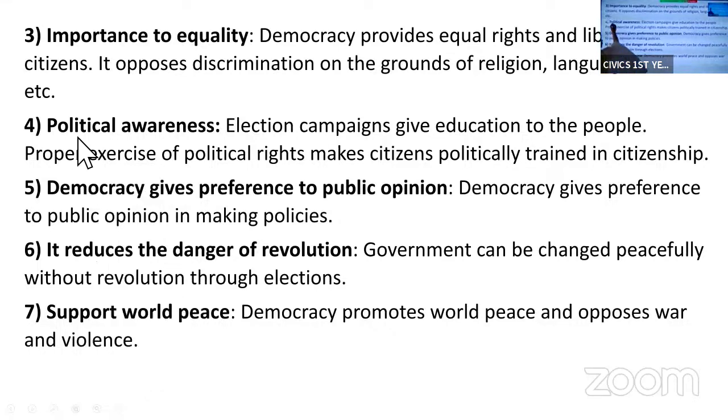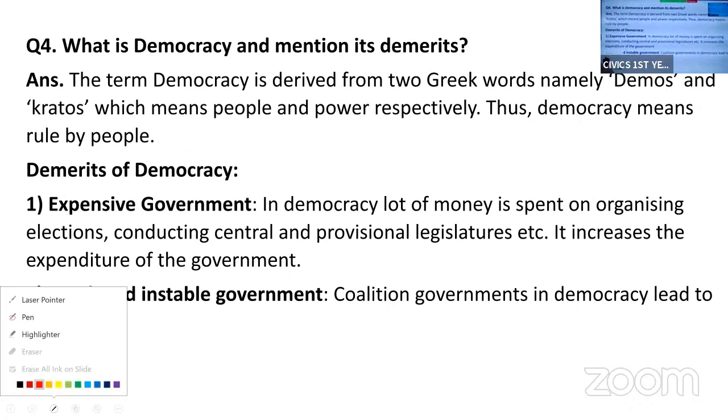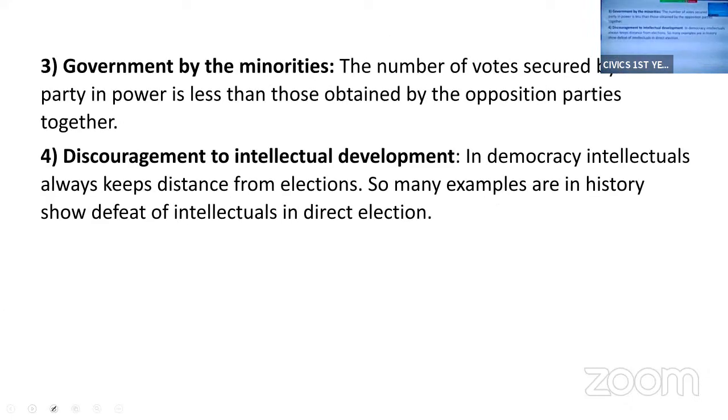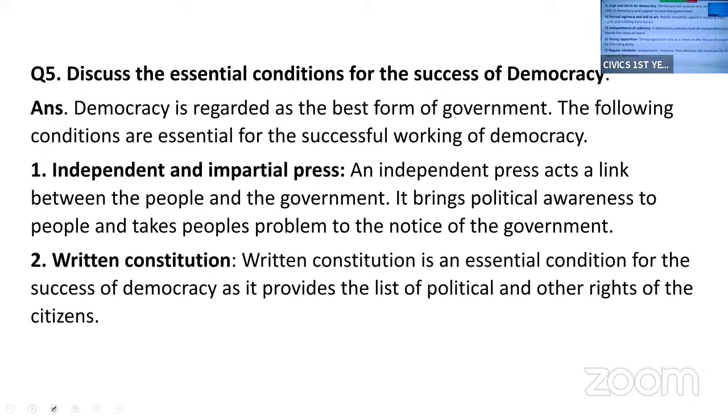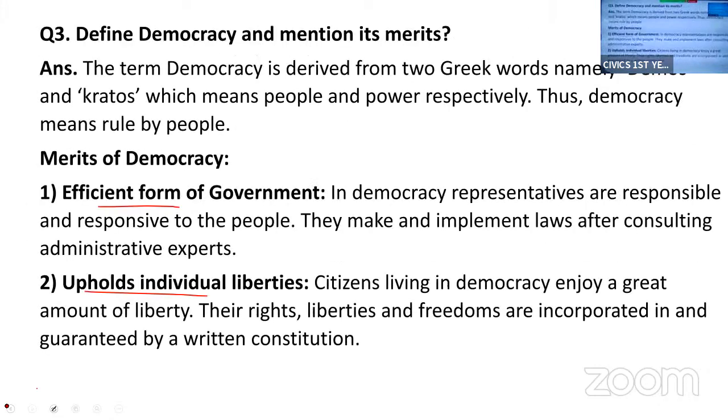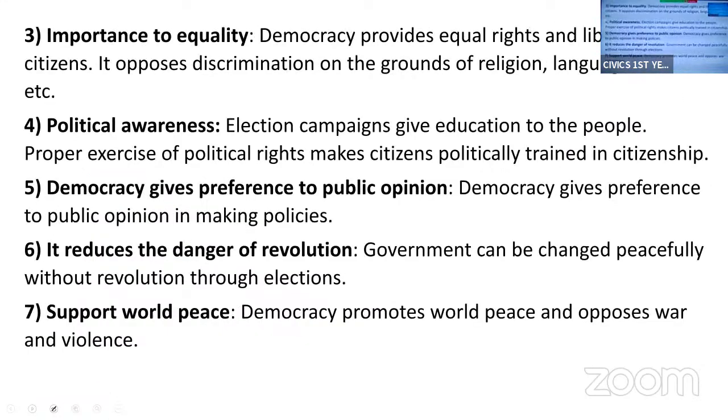Next is political awareness. Through election campaigning, people get educated about the political system and how they should exercise their rights, especially their political rights.